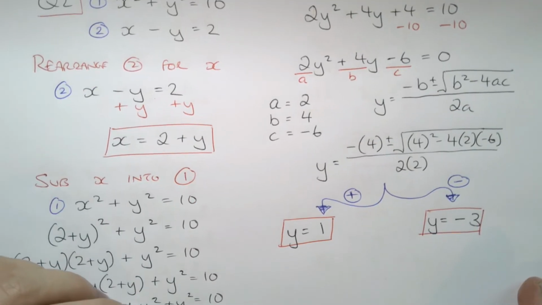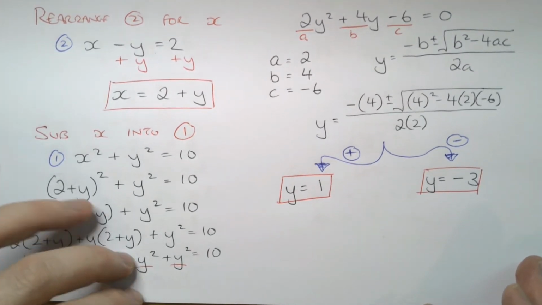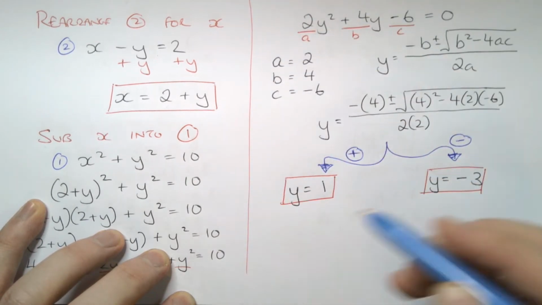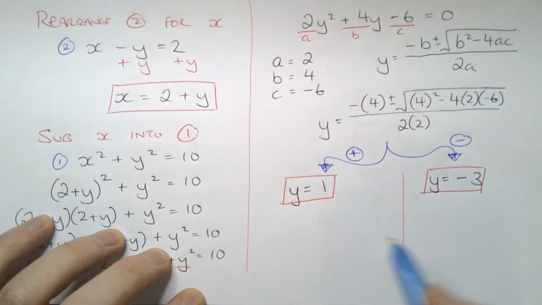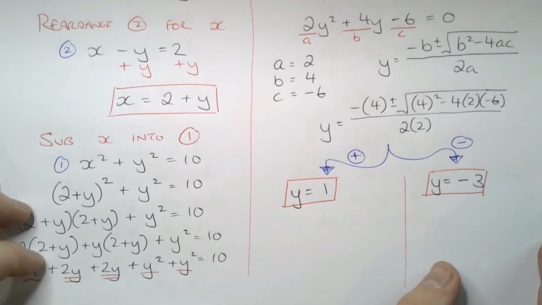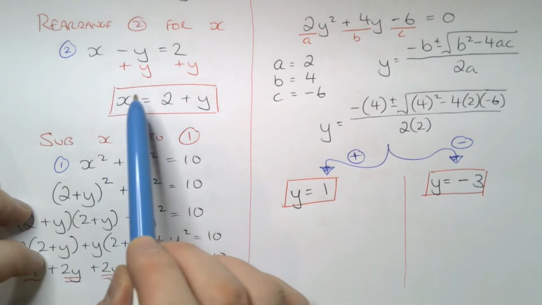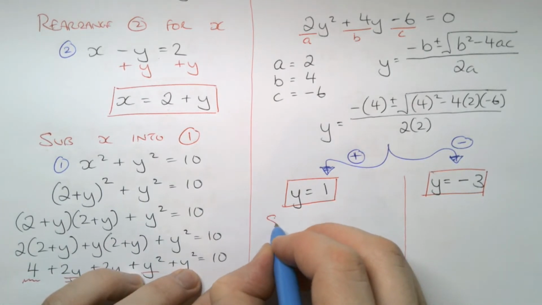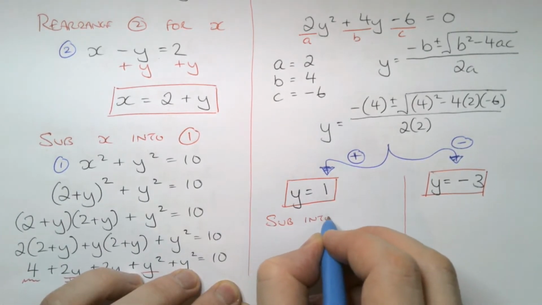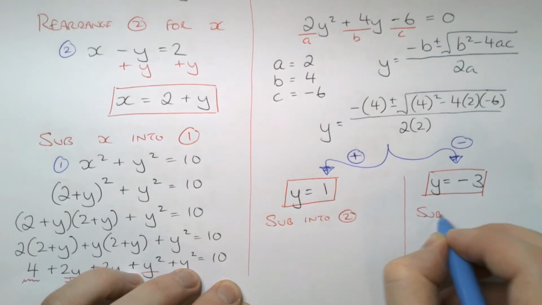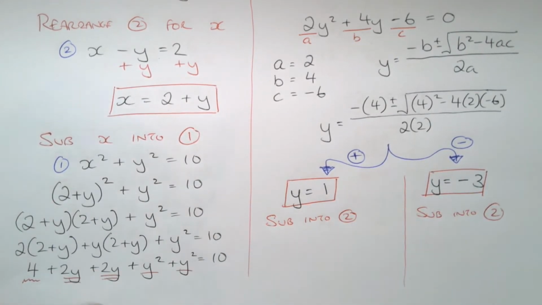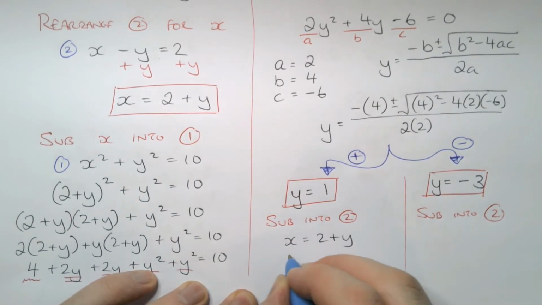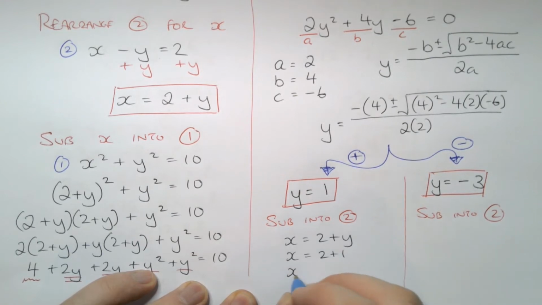Okay. Now, how do I find my x answers? Well, what I do here is I'm going to have to do this twice. So I'm going to draw a nice line down the page for myself there. I find it easier to sub it into the equation you made, so x equals 2 plus y. So I'm going to sub this in. x equals 2 plus y, x equals 2 plus 1, x is 3.